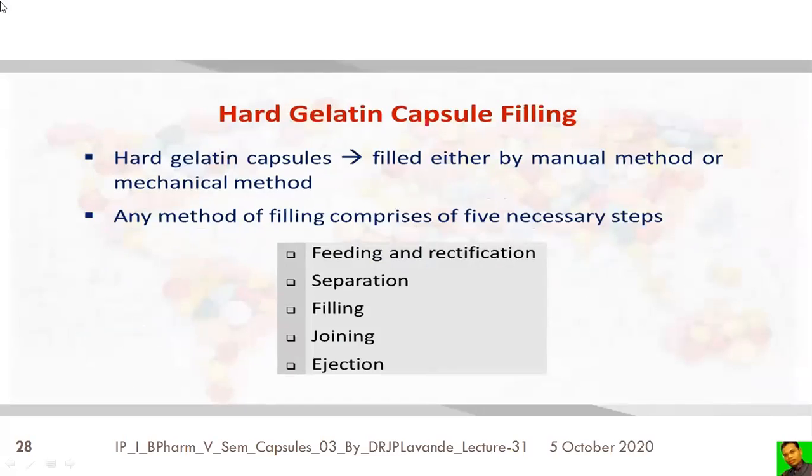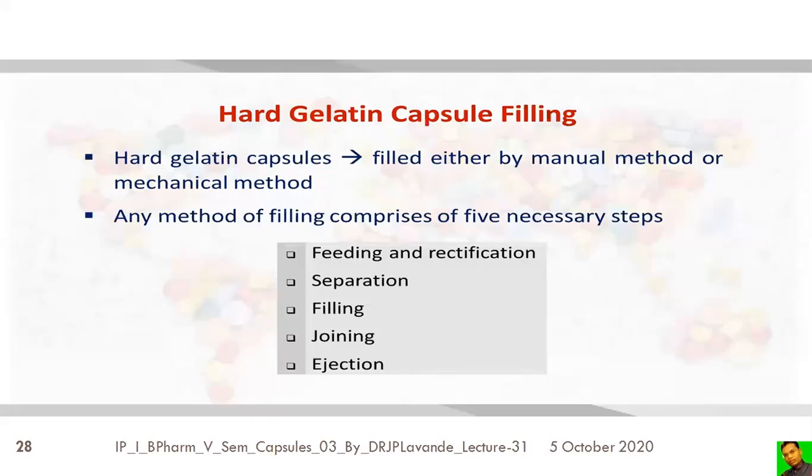Now let's continue from this point onward, the hard gelatin capsule. During the process of manufacturing of capsule, the process is divided into gelatin shell manufacturing and capsule filling. Once we have the gelatin shell, that is cap and body, this cap and body is to be filled with the material, right?